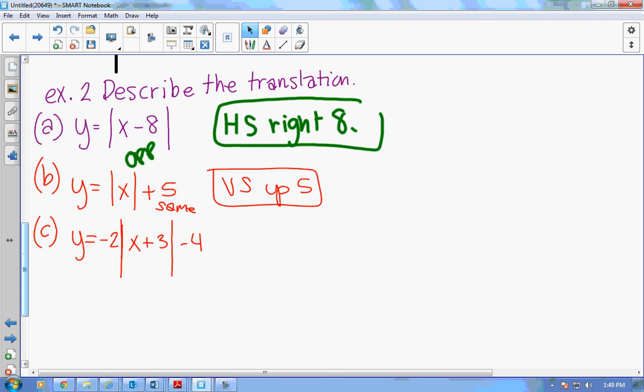Caitlin X, turn to one of these ladies next to you and work with them. 4 words for the 3, 4 words for the -4, and a bunch of words for the -2. A bunch.